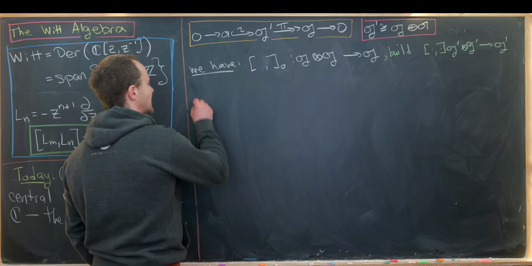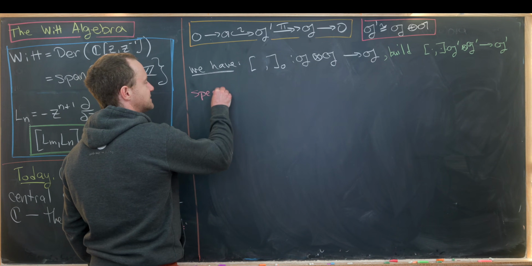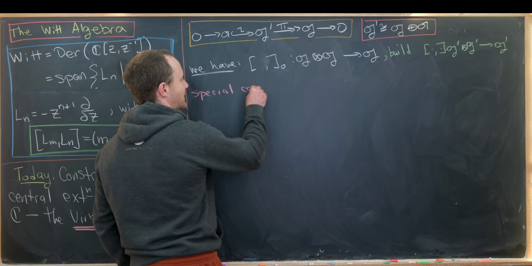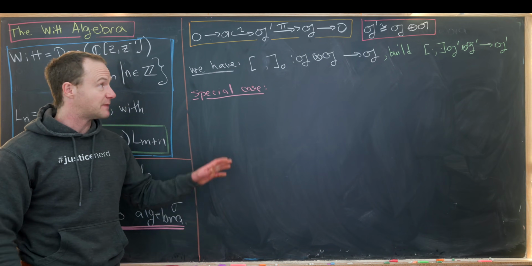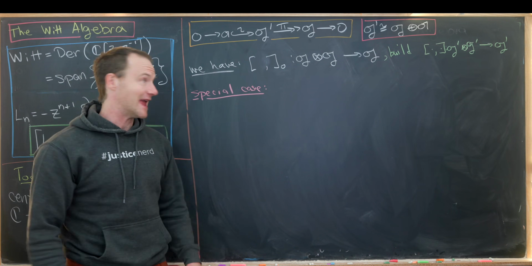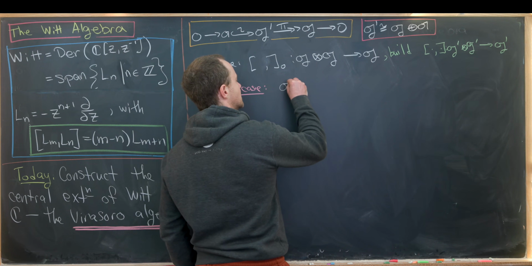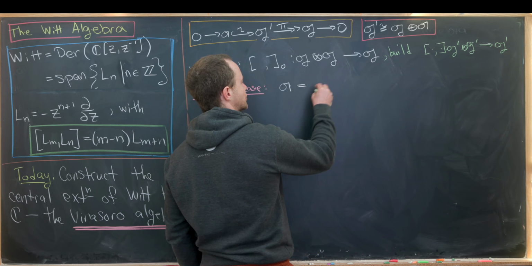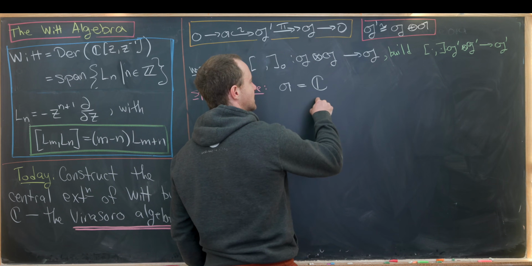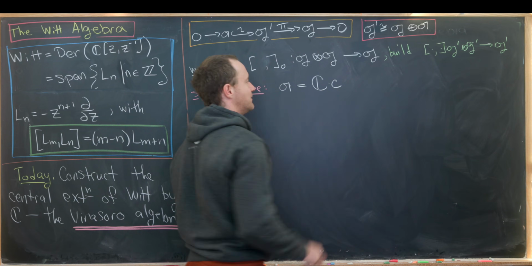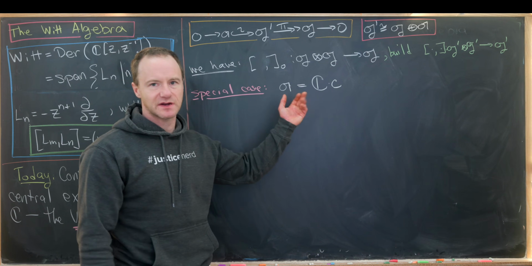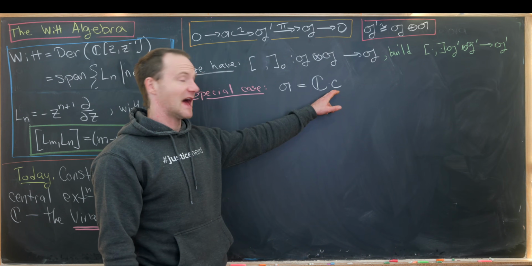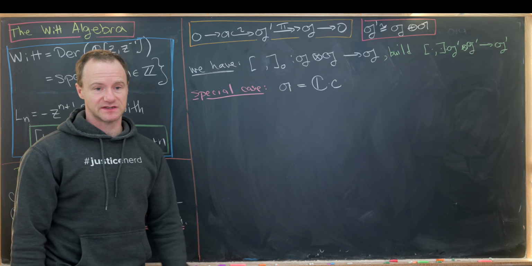Now we're going to simplify to a special case. This may seem like a little bit of a cop-out, but it's a standard thing to do: to look at the special case where A is one-dimensional. So let's just say A is one-dimensional, which means we can write it as the complex numbers with a basis vector, which I'll call C. You could just say the complex numbers here, but it will be useful to have a name for the basis vector of this thing right here.